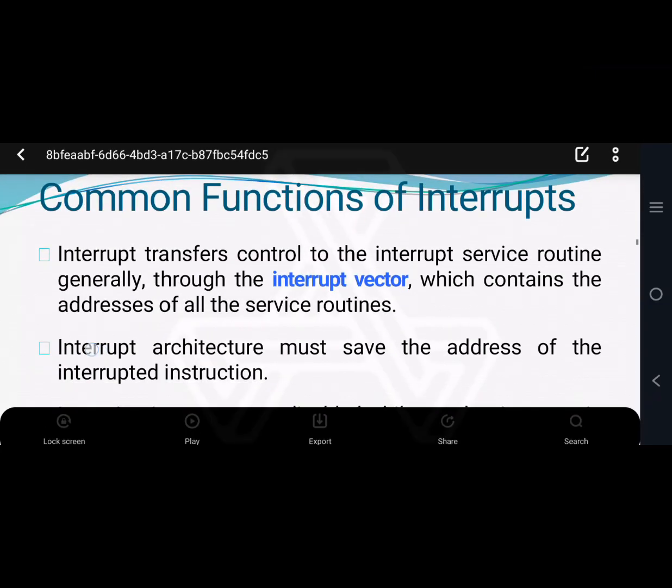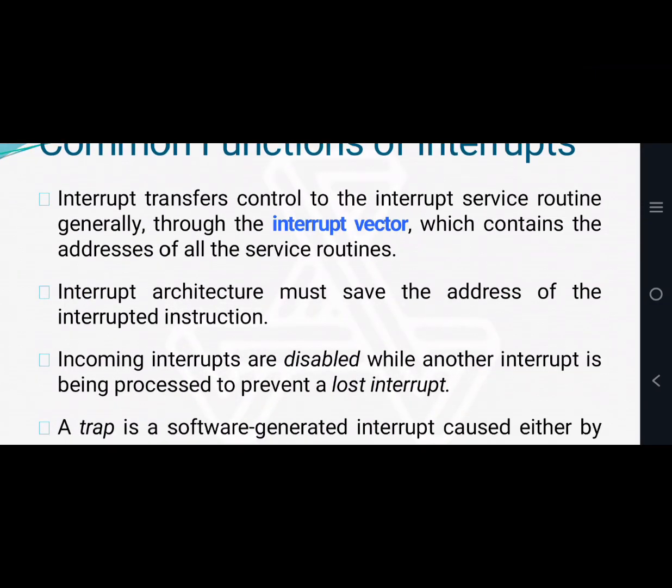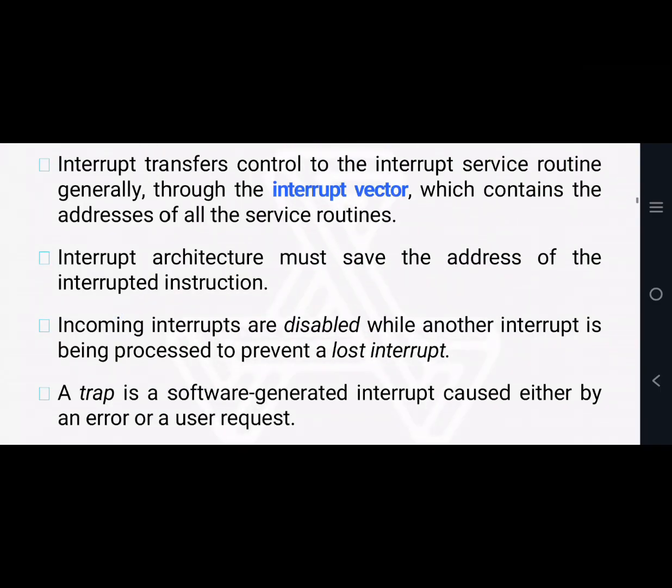Common functions of interrupts. An interrupt transfers control to the interrupt service routine, generally through the interrupt vector, which contains the addresses of all the service routines. The interrupt architecture must save the address of the interrupted instruction.